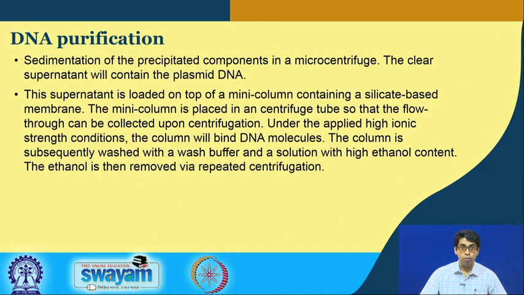So, we do some washing step, just like we used washing step during protein purification using various columns. So, here we also wash out anything that does not bind the membrane. Our plasmid DNA binds to the membrane and it sticks there.